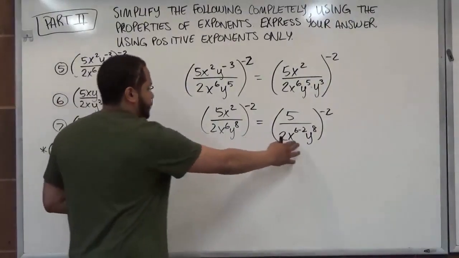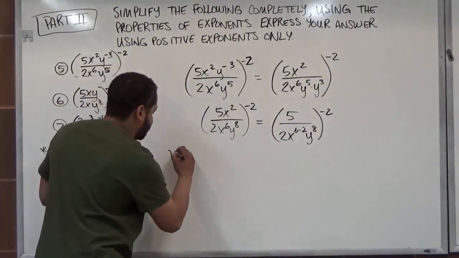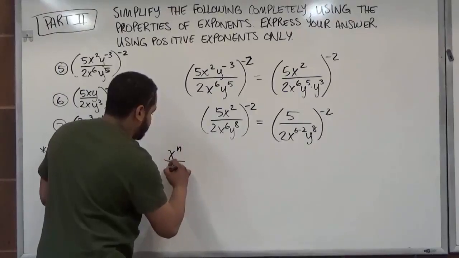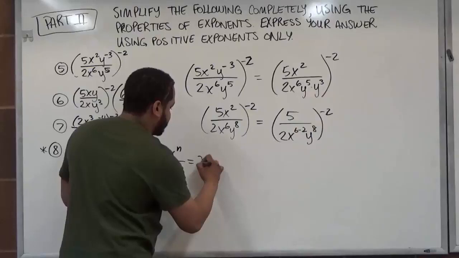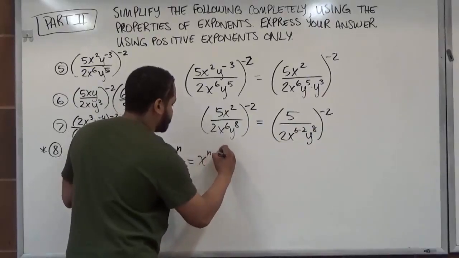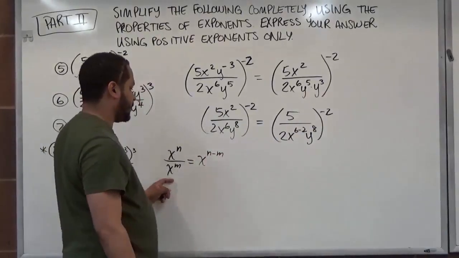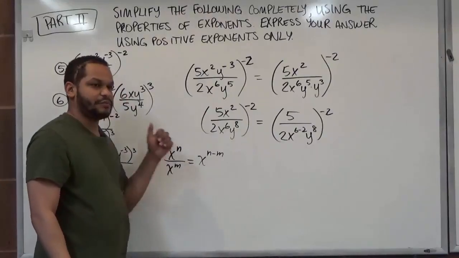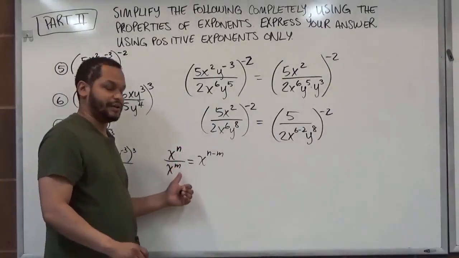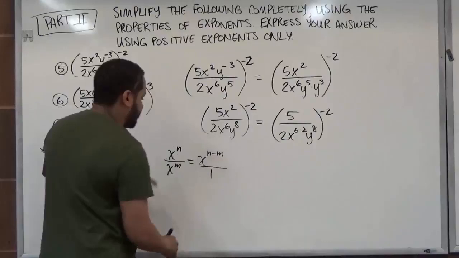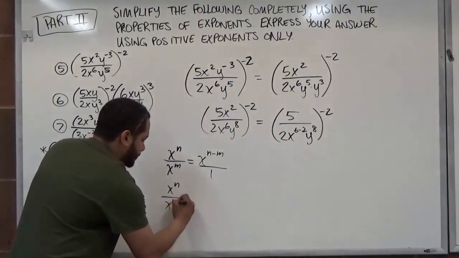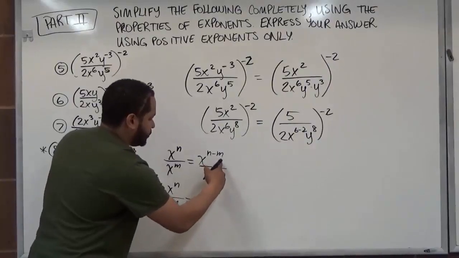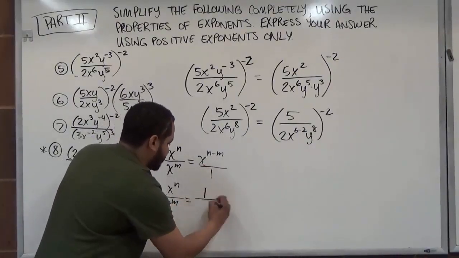Let me go over what's happening here. Here we have x to the power of n over x to the power of m. Usually the division rule is to take the numerator's exponent and subtract the denominator's exponent, but this is only the case if the numerator's exponent is greater than the denominator's. In the case that the denominator is greater than the numerator, we get the same result, just instead of being in the numerator, it's in the denominator.